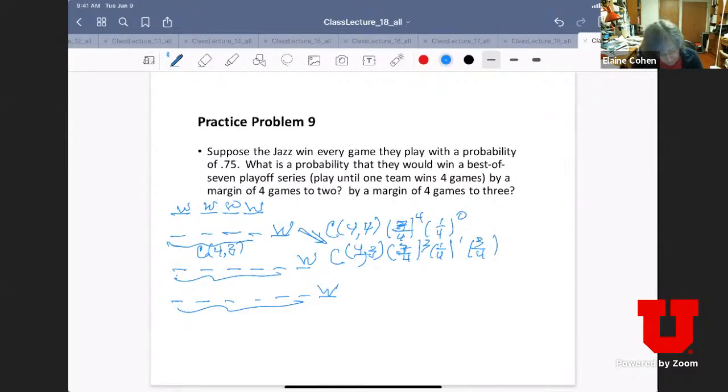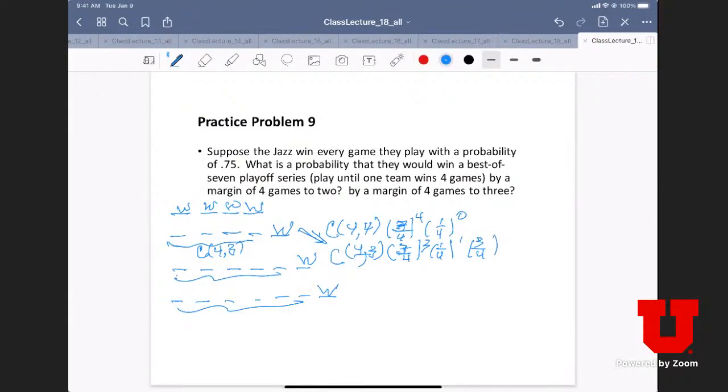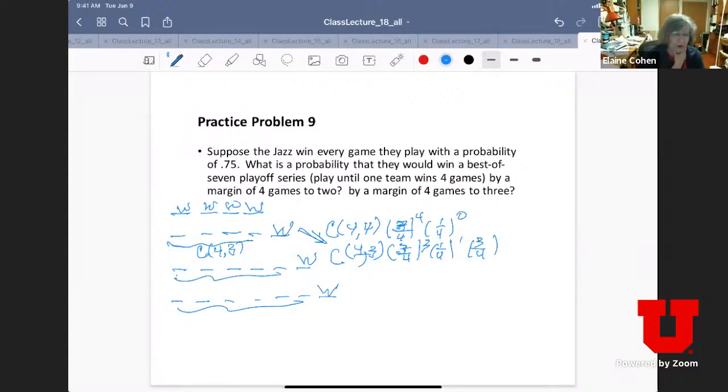Grant, yes. Maybe I'm just confused by how the question's phrased, but would the only options be them winning 4 games out of 6 games or 4 games out of 7 games? It is, but I want to go through all of the possibilities here. Okay?